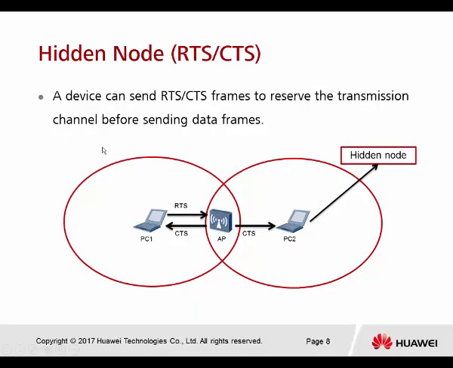To prevent this from happening, we can use the RTS and the CTS. A device can send the RTS CTS frame to reserve the transmission channel before sending the data frame. So every single PC will always send the RTS to the AP because they need to know, am I allowed to send the frame first?